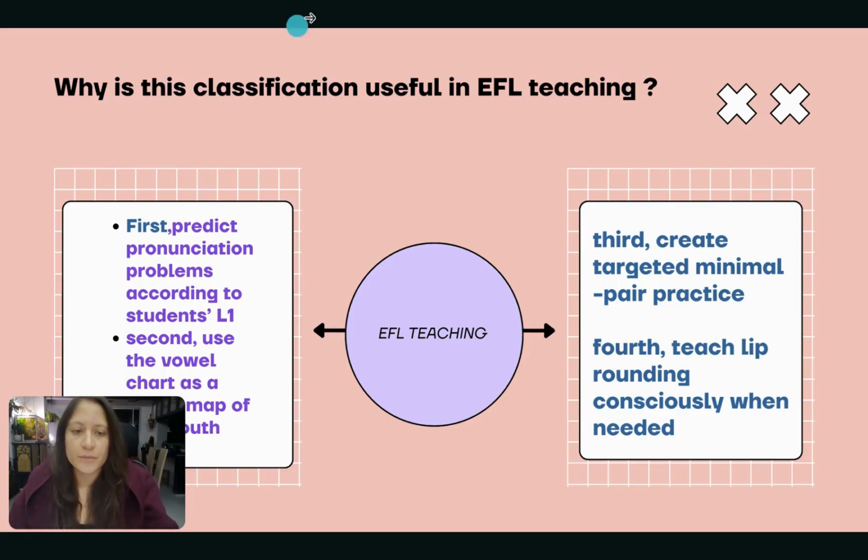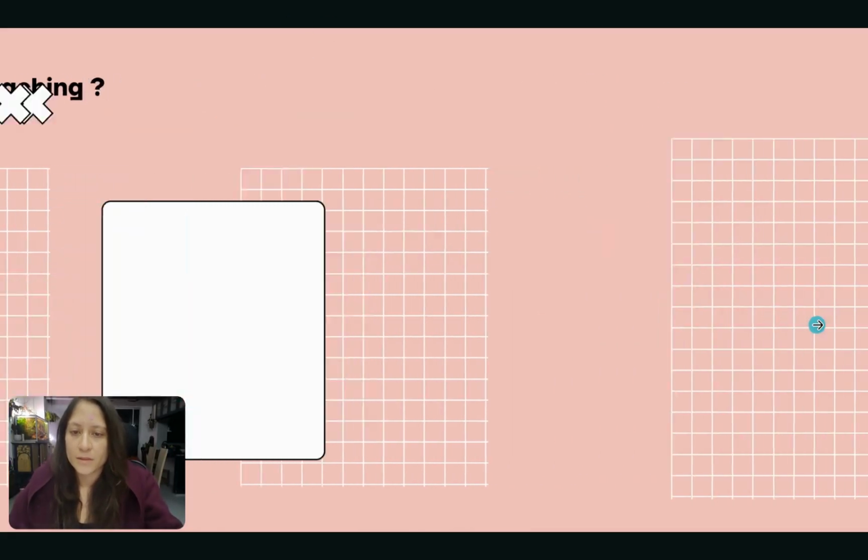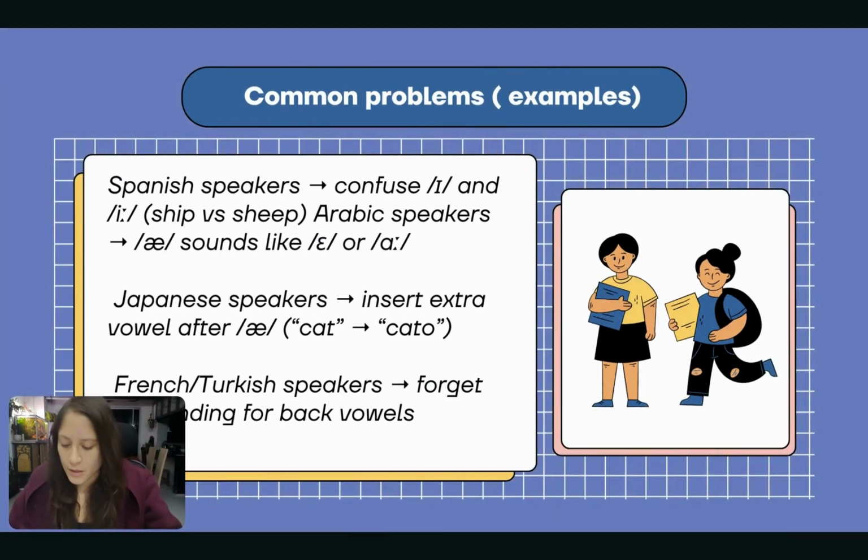In short, the more precisely we understand the articulatory and acoustic properties of English vowels, the better we can guide our students towards clearer, more native-like pronunciation. Thank you.